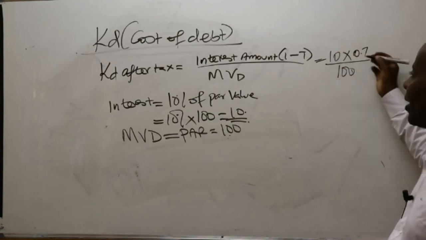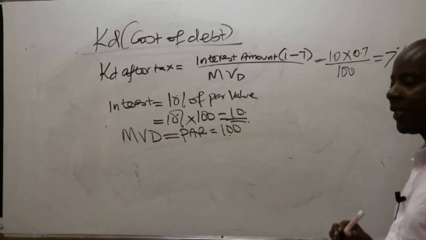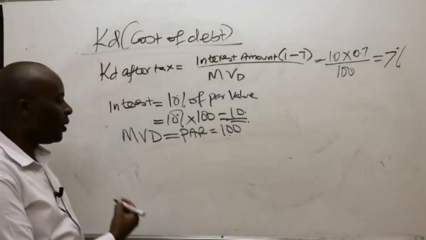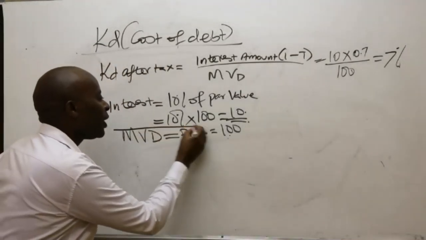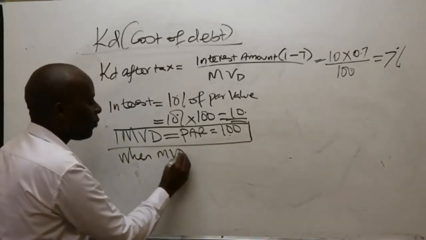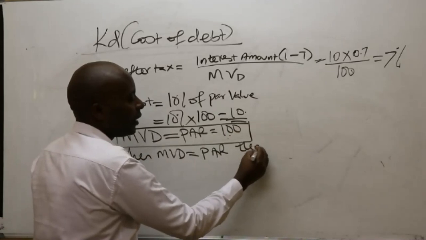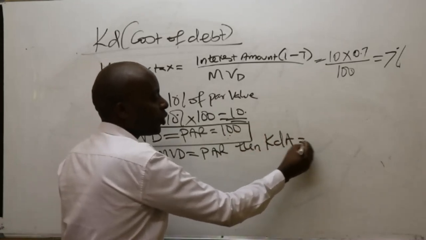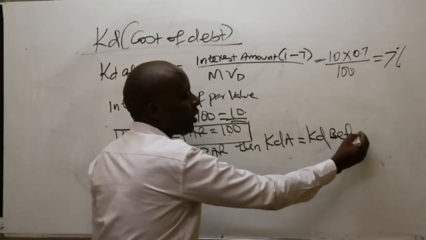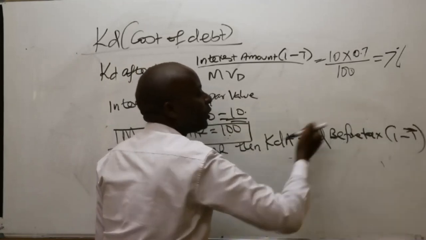So 0.07 is the same as 7%. Now, ladies and gentlemen, we know there is another shorter formula we could make use of. When market value of debt equals par value, then KD after taxation will always be obtained by taking KD before tax multiplied by 1 minus tax.